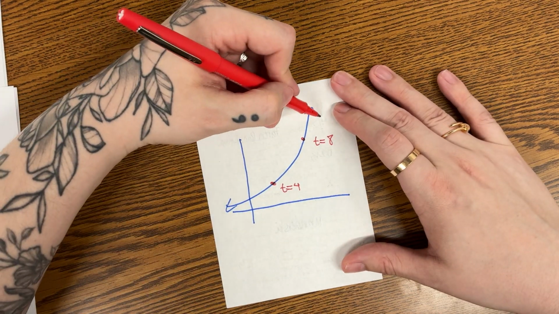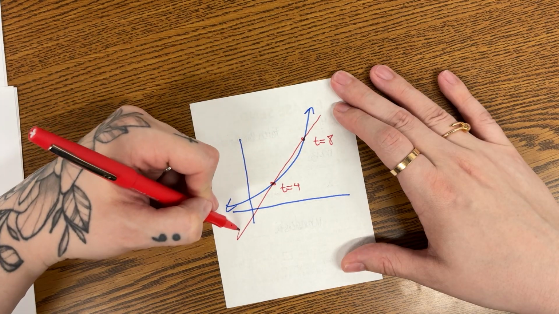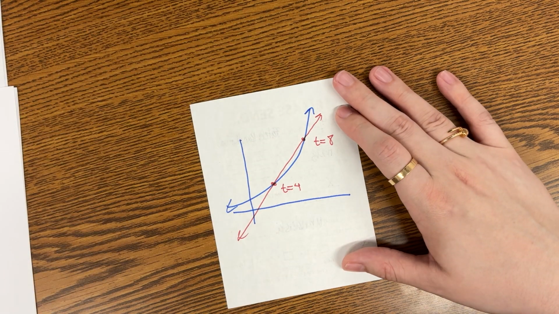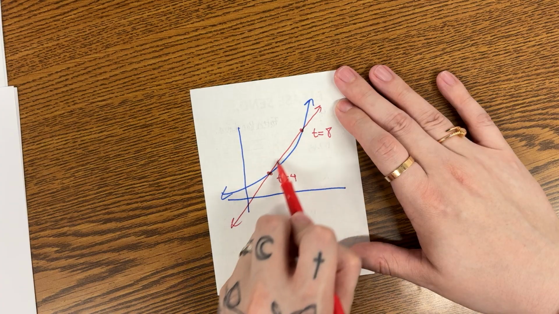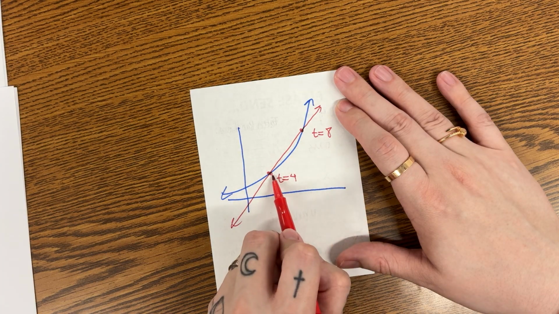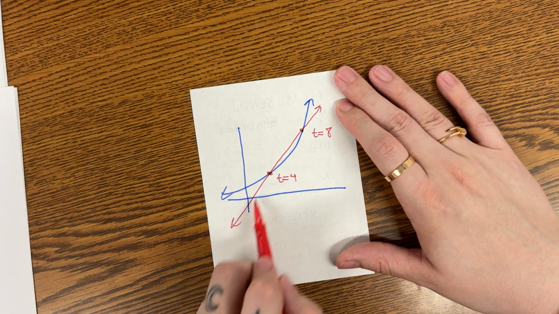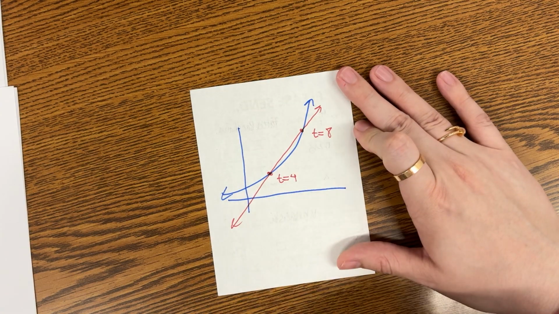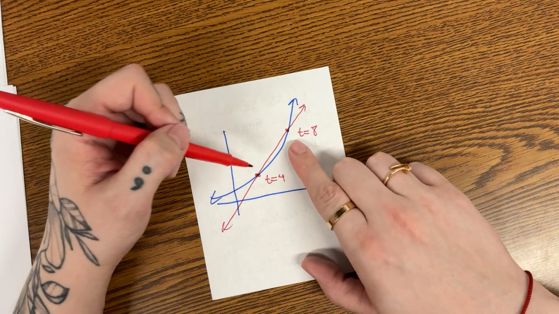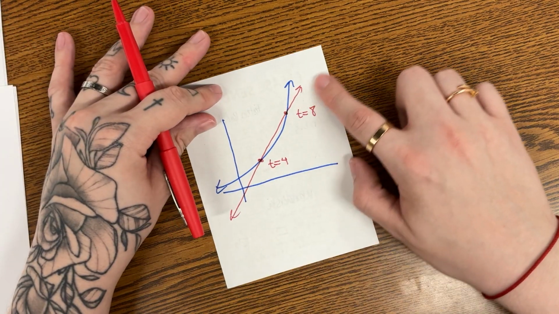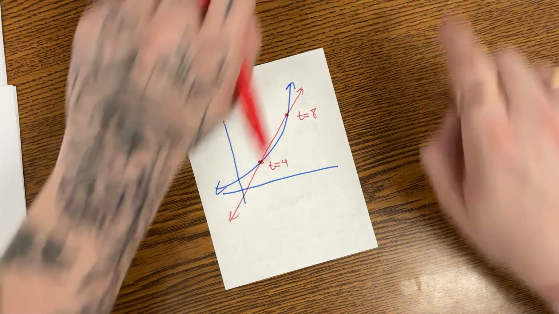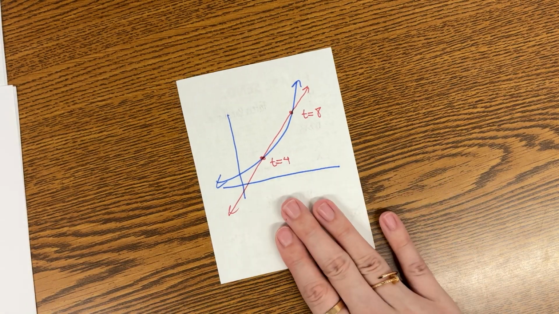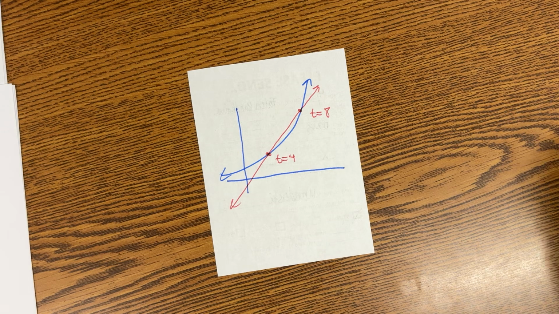When I attempt to draw a straight line, notice how it's an over approximation between 4 to 8, but then an under approximation when it's less than 4 and bigger than 8. It's pretty close in this interval, but as it gets further along, it's going to go further and further away. This is going to help us with the rest of this problem.